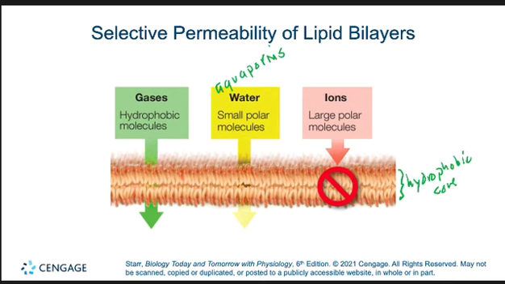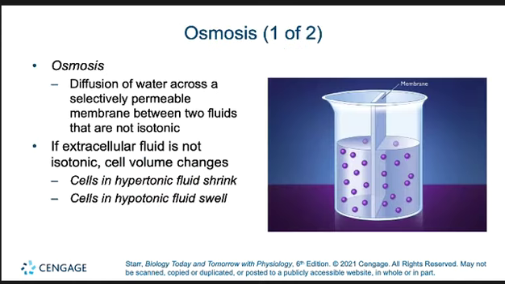So the only way that ions are going to go through is with the aid of a gate or a tunnel or a pump. And those are made out of protein.